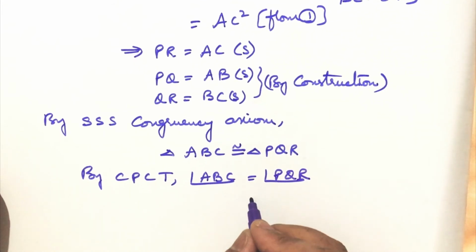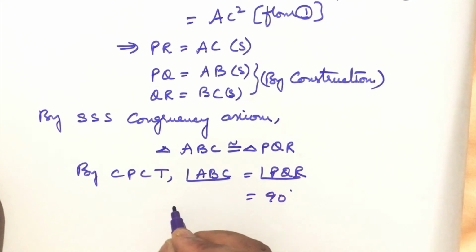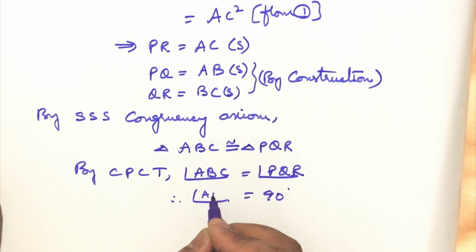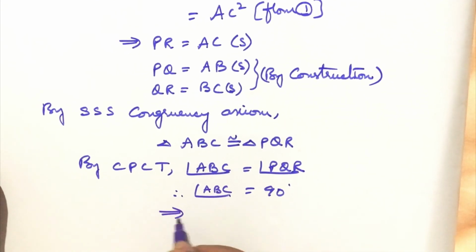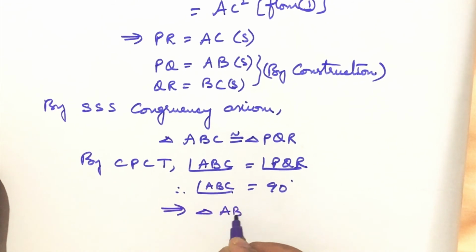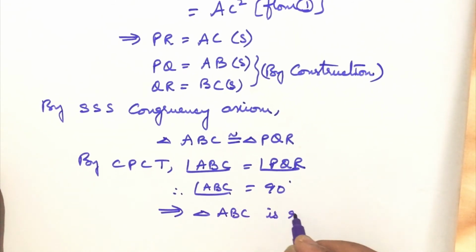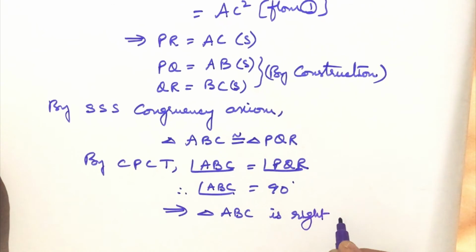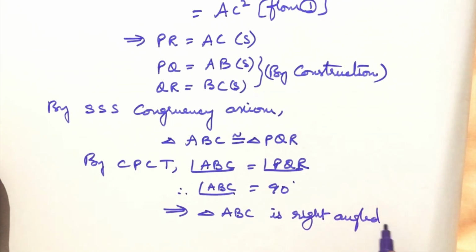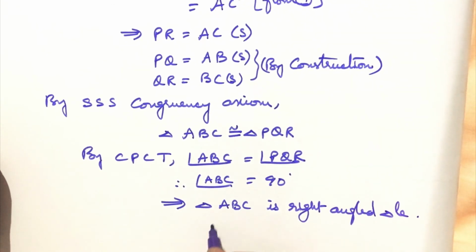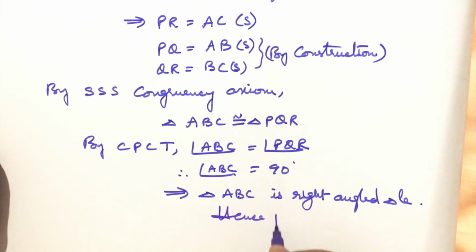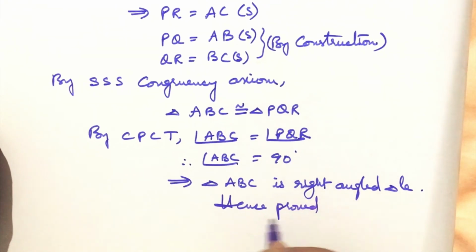What is angle PQR in the triangle? That is 90 degrees. This implies triangle ABC is a right angle triangle. Hence proved. It means we have shown that the particular triangle is a right angle triangle.